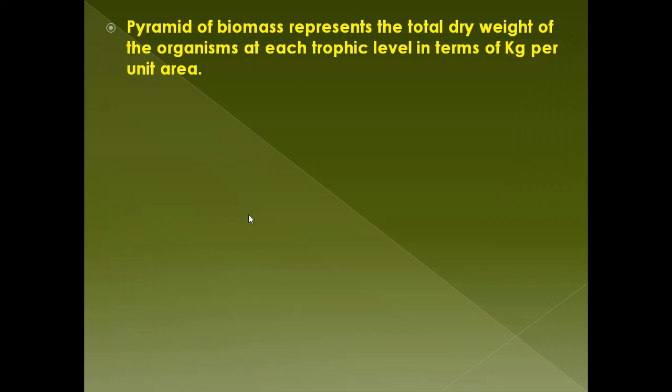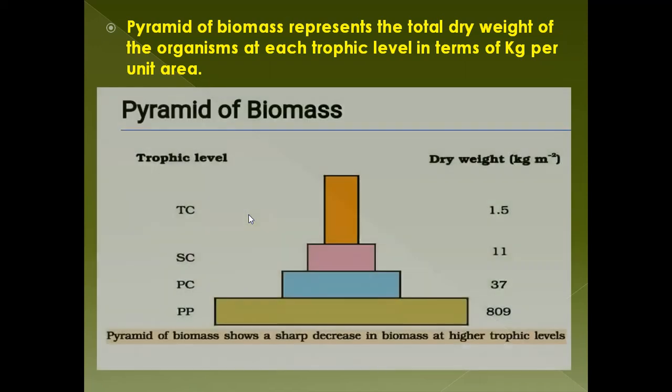Pyramid of biomass, now the second type, represents the total dry weight of the organisms at each trophic level in terms of kilogram per unit area. So let us see how a pyramid of biomass can be represented. Remember, here we are taking into consideration the biomass, the total mass of the organisms at each trophic level.